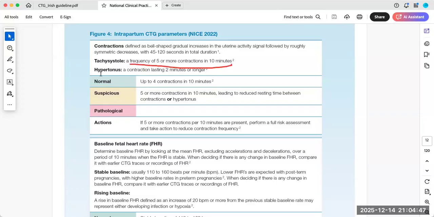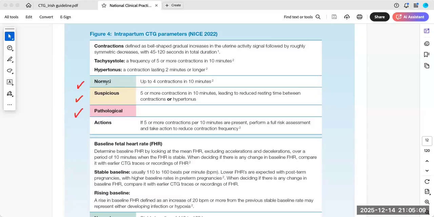Okay, a hypertonus uterus is a contraction that lasts 2 minutes or longer. Be careful of this definition. And they give you a color coding as well to comment on the contraction. Either it's green, normal, or amber, suspicious, or red, pathological.